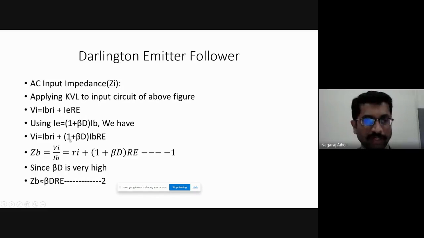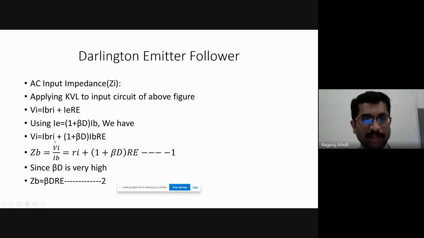Now, if we want to find Zi, first let us find Zb. Here Ib is common in this equation: Vi is equal to Ib Ri plus 1 plus beta d into Ib Re.